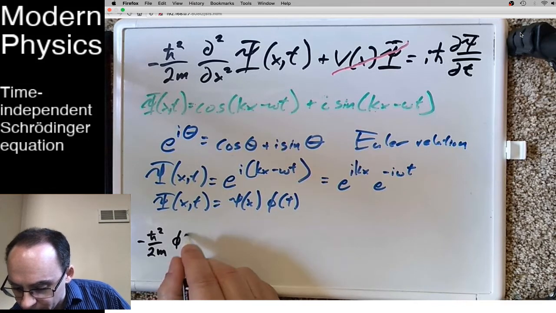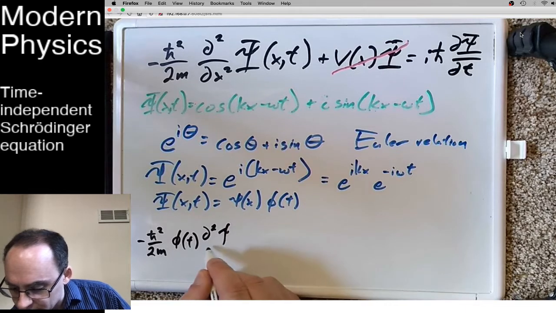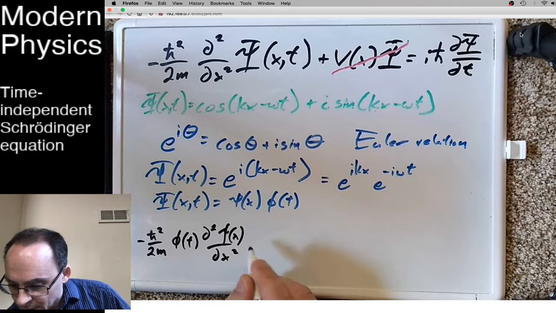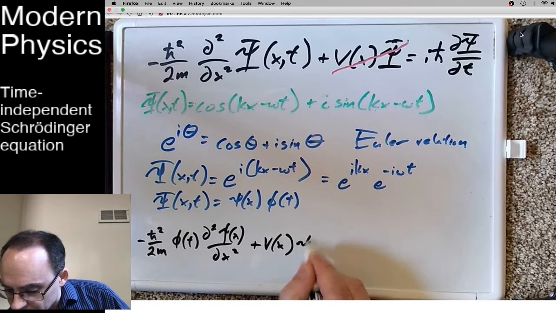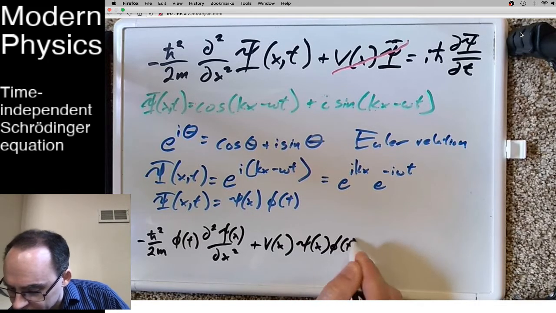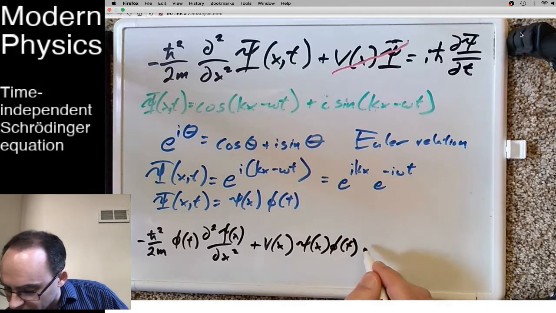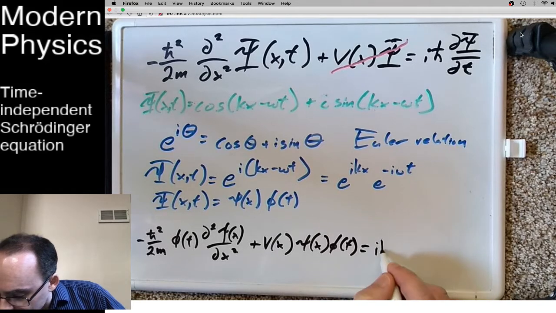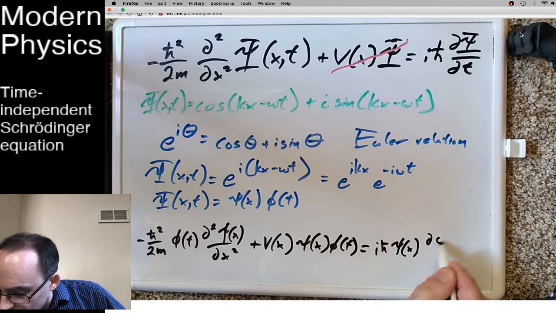I can write, that doesn't get affected by the derivative, and I can write d squared psi of x dx squared plus V of x times psi of x times phi of t. I'm going to keep the potential for this part because I'm trying to do this more generally. And then I'm just going to have i h bar and then psi of x, it doesn't get affected by the time derivative, whereas the time part, of course, does.